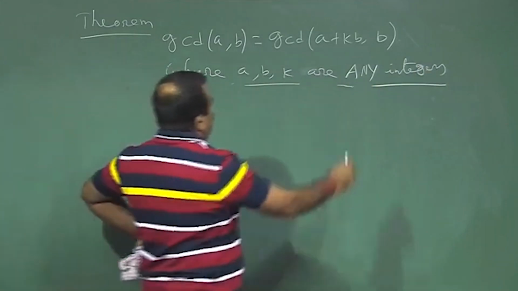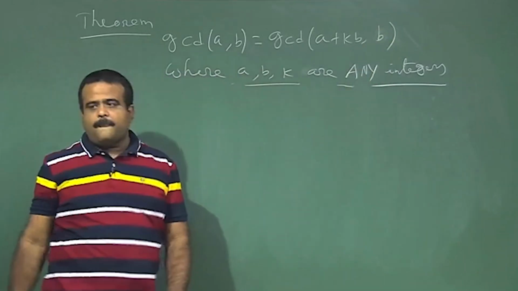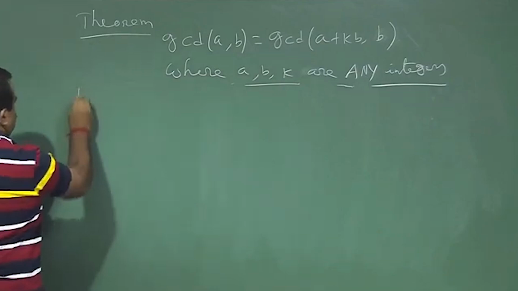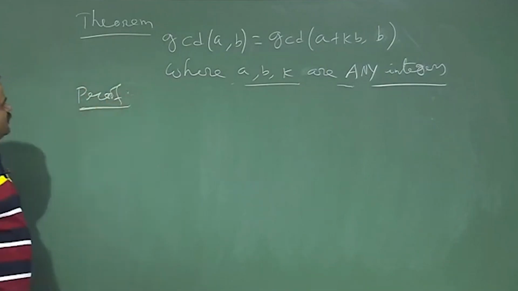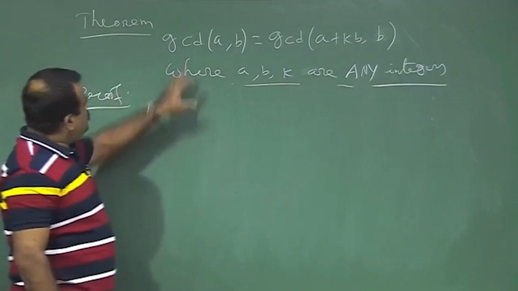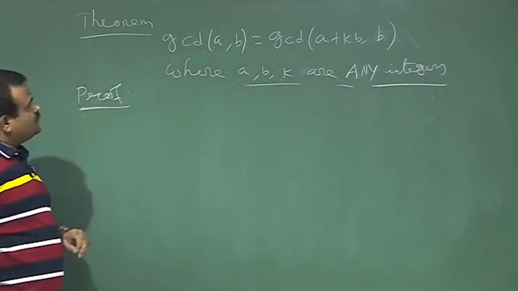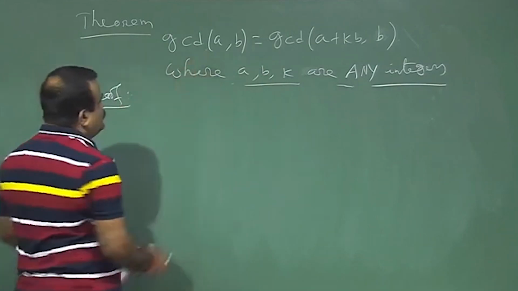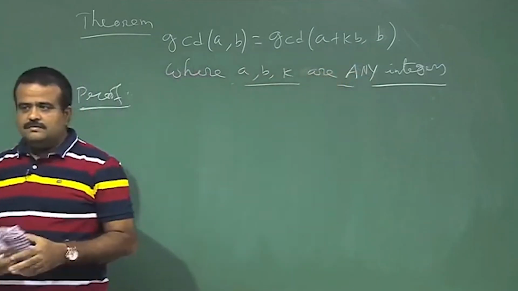Okay, GCD of this. Now, how to prove this? Now, this is the proof of this theorem. Now, GCD of A, B is the same as GCD of this. Now, to prove this, if you can show that the set of common divisors of A, B is the same as the set of common divisors of these two, then we are done.